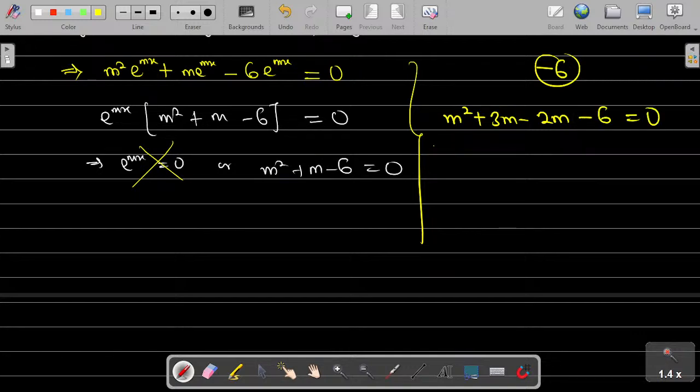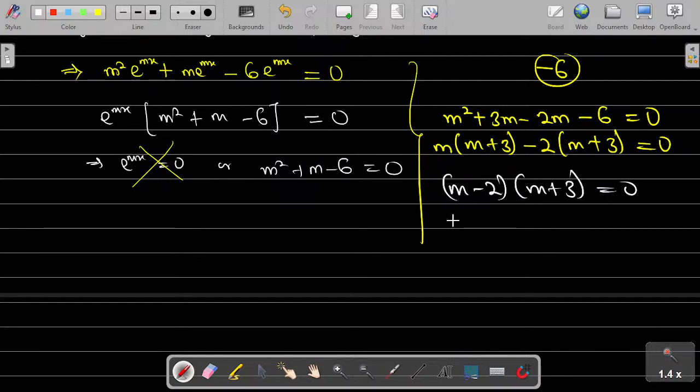So here we factorize m out of m squared plus 3m into m(m plus 3). And for the other two, minus 2 is going to give minus 2 times m plus 3 as well. Okay, that's equal to 0. So what will happen now? Gather the ones outside and then pick the common one. All right, that's equal to 0. So either m minus 2 is 0 or m plus 3 is 0, and you are done.